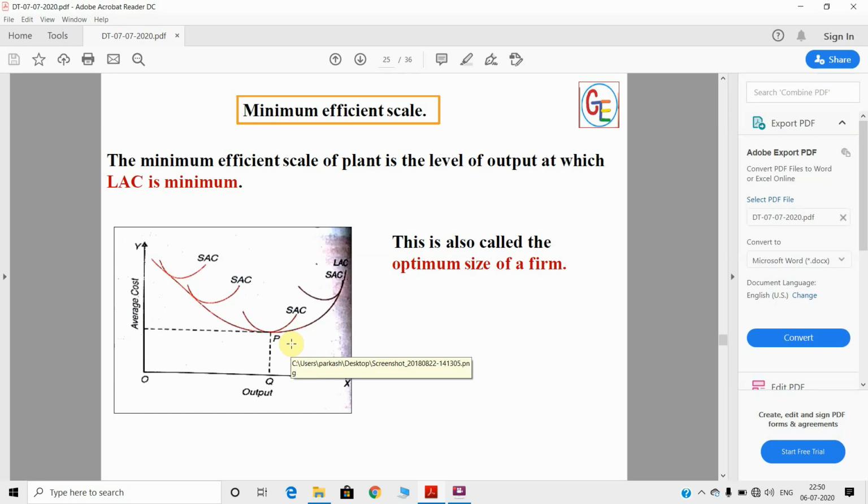Remember, the optimum size of a firm is attained where the least point of SAC is tangent to the least point of LAC at P. Here see the diagram. At P, the least point of SAC is tangent to the least point of LAC. So it is called the optimum output size or optimum size of a firm. It is asked many times in PG questions, so it is very important, keep that in mind.